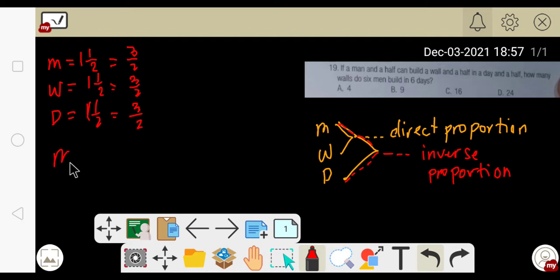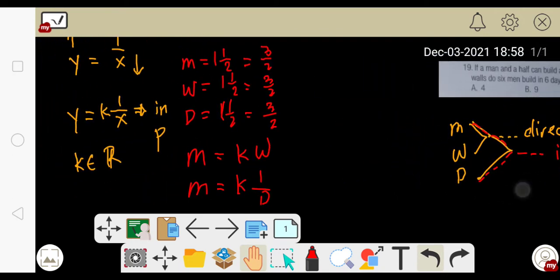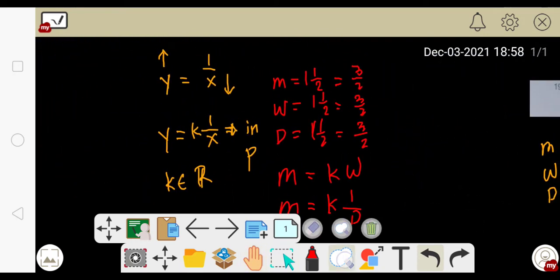Since m, or the number of men, is directly proportional to the number of walls, and then we also have m is inversely proportional to the number of days, let's say k times 1 over d.